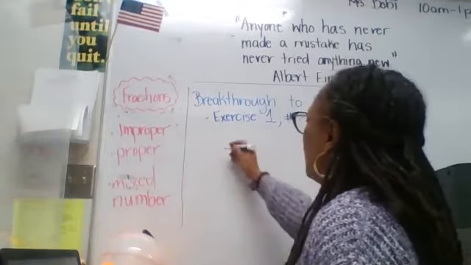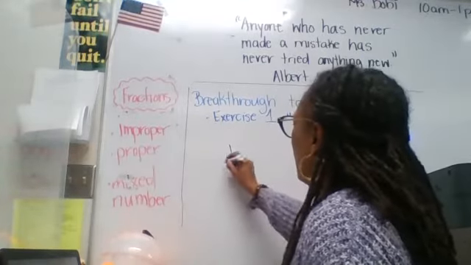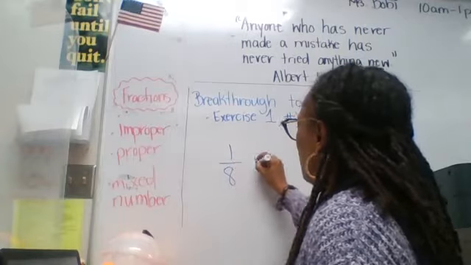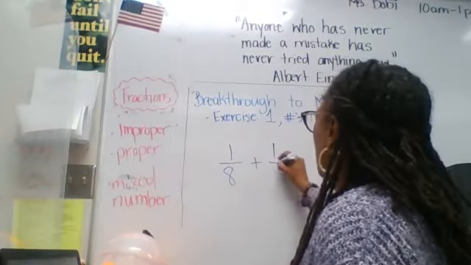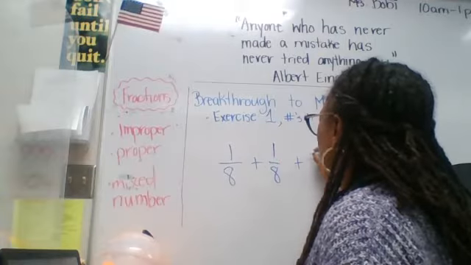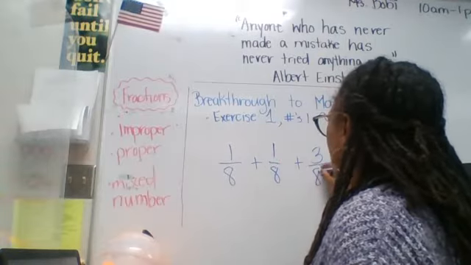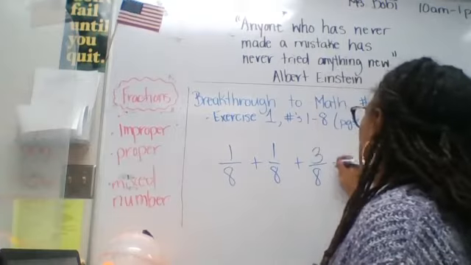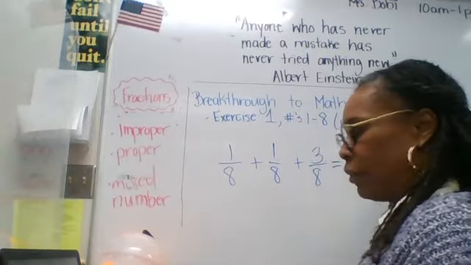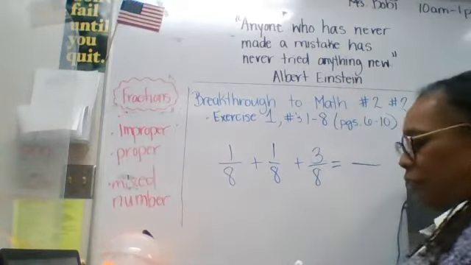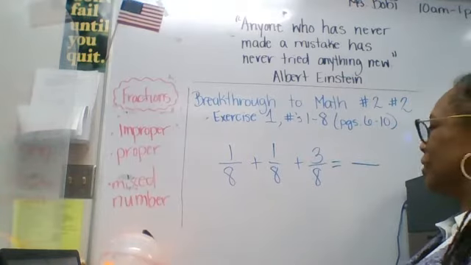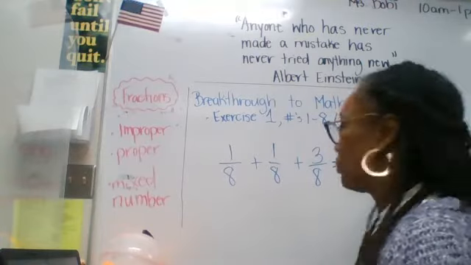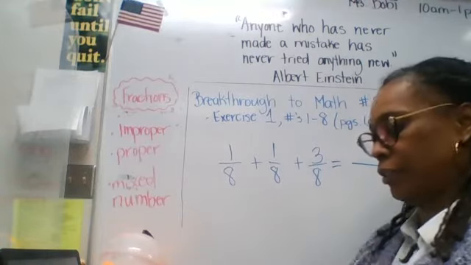Let's get this out of the way. 1/8 plus 1/8 plus 3/8 equals what? So first of all, I like to just do that. So we know right away, and what do we need to keep? I should use a different color.